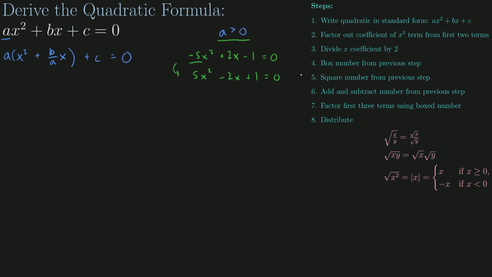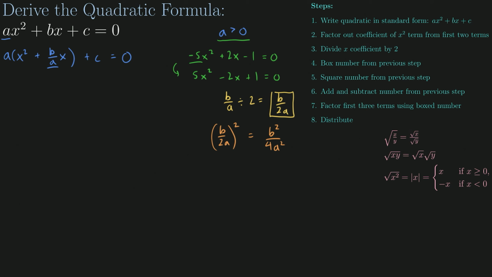The third step is to divide this coefficient by 2. b over a divided by 2 is b over 2a. Step 4, put a box around that for later. Step 5, we're going to square that number. (b over 2a) squared gives us b squared over 4a squared.